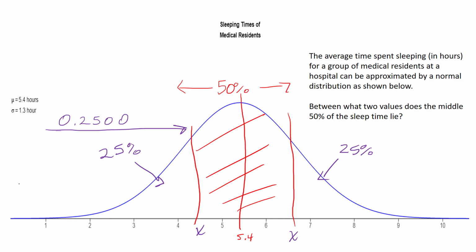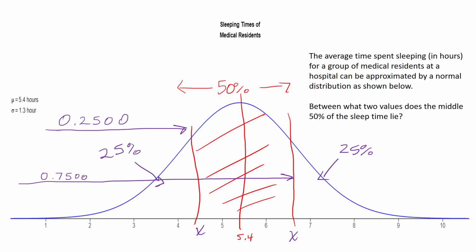And what would the other one be? Well, 25% plus 50%. So that's going to be 0.7500. So those are the two Z values we want to look for.